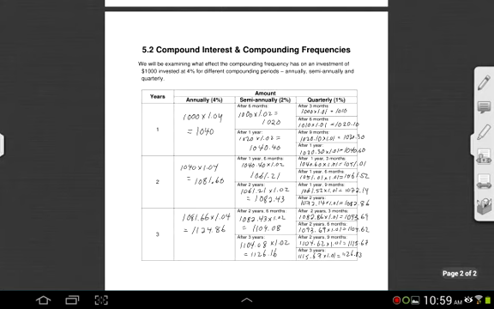So really what I want to do is say my amount is the principal times 1 plus, and I didn't use the annual interest rate of 4%. I used 4% as a decimal, 0.04, divided by 2, right? That gives me 0.02.